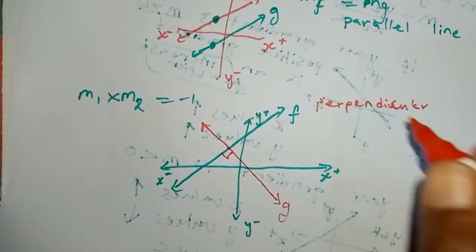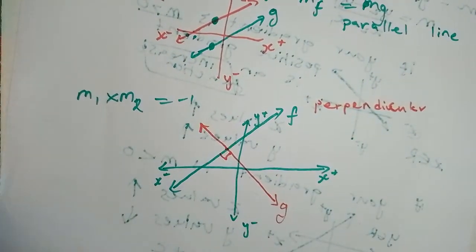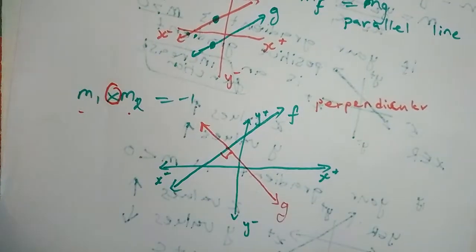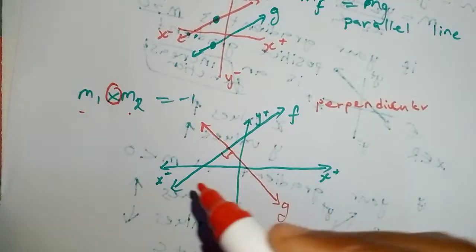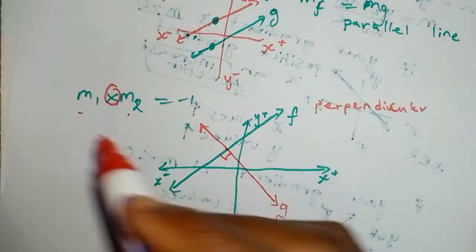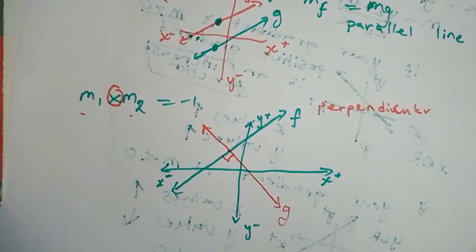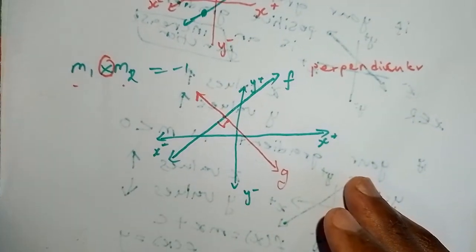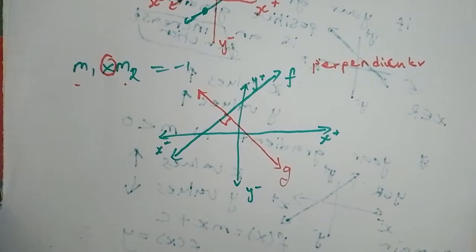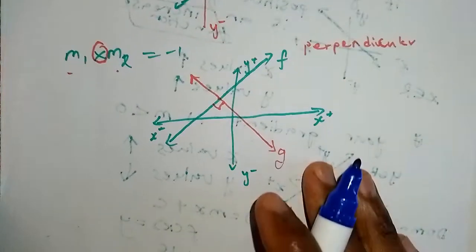If you have two perpendicular functions, the product of their gradients is equal to -1. I hope you understand. These are the basics of linear patterns, right? You should know them. They'll also be there in your analytical geometry, right?